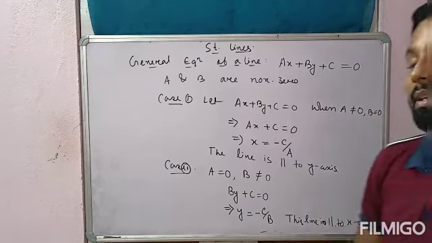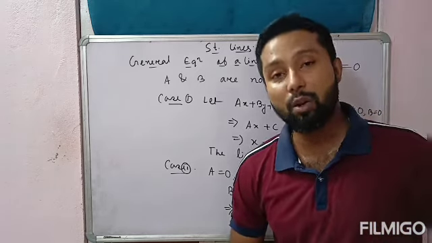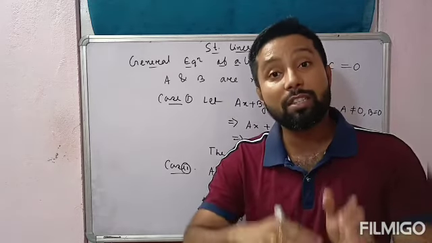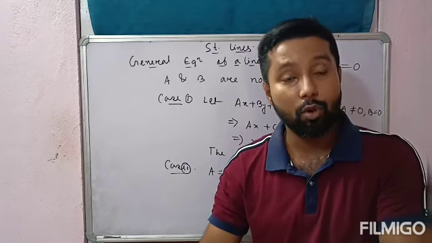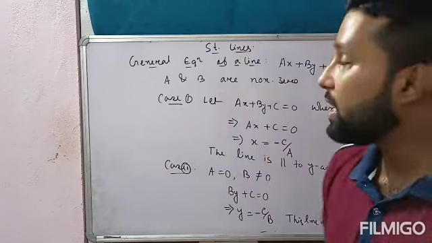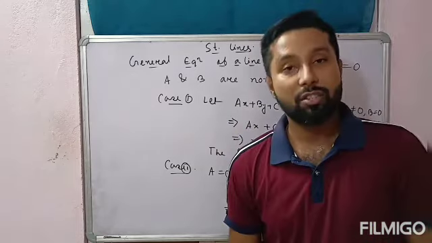The general equation of a line means any equation of the form ax plus by plus c equal to 0 where a and b are not equal to 0 simultaneously. Don't forget to use the word simultaneously. Then those types of equations are called the general or linear equation of a straight line.